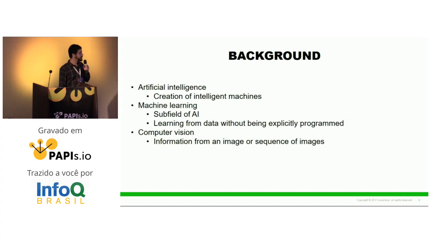And computer vision is another field where the main purpose is to extract information from an image or sequence of images, aka videos. It comprehends everything from simple image processing algorithms to the most sophisticated deep learning algorithms and architectures.